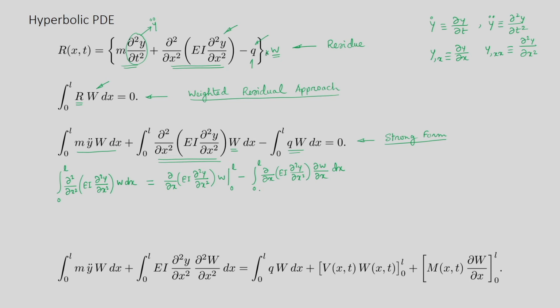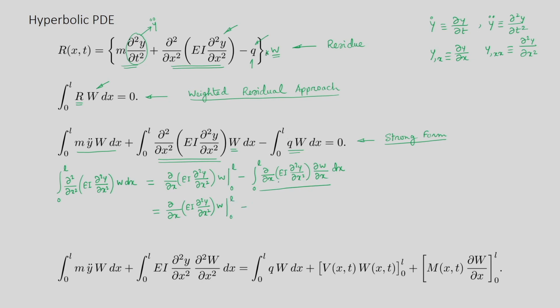If I do it once again, we will have this as it is. Let me write it again. So del of del x of EI del 2 y del x square into w, 0 to L, minus.